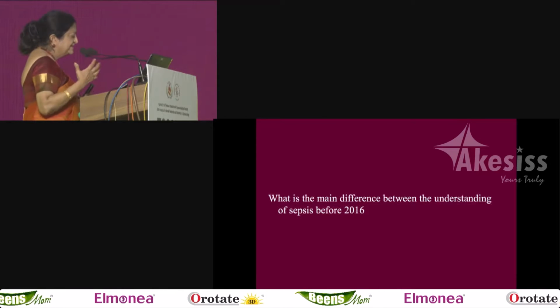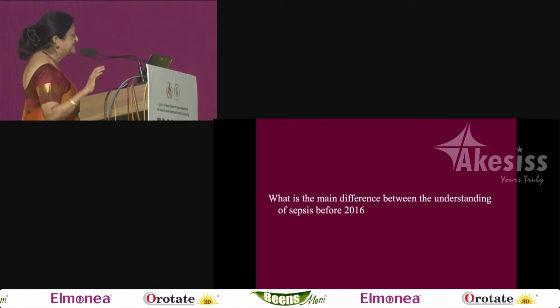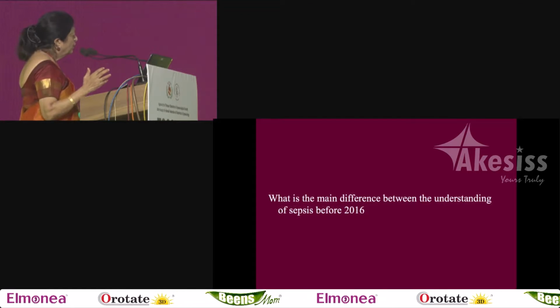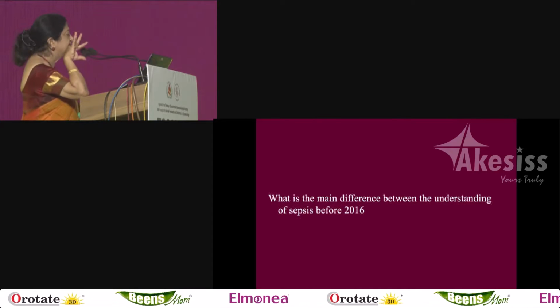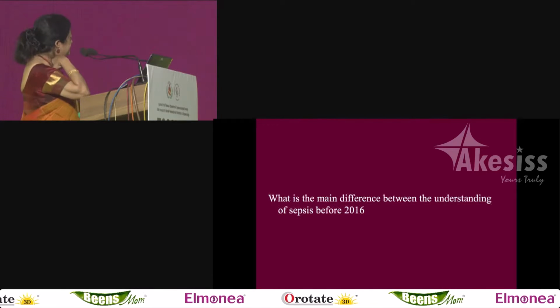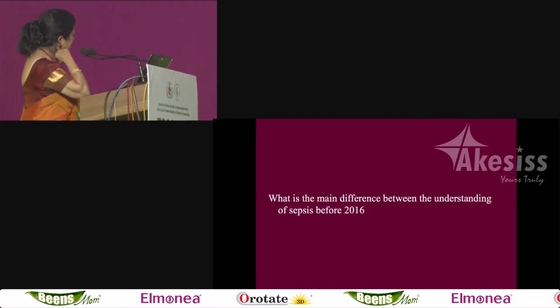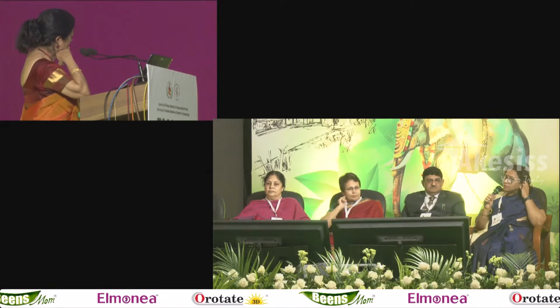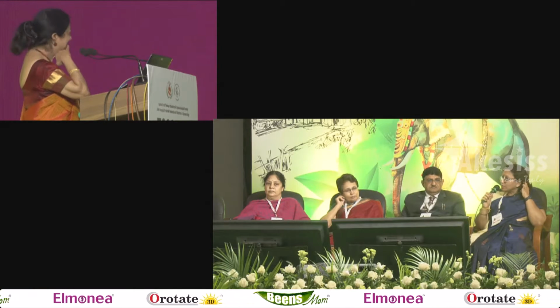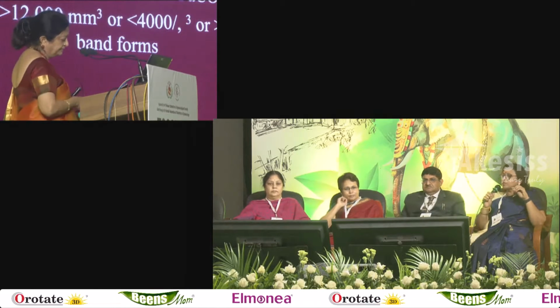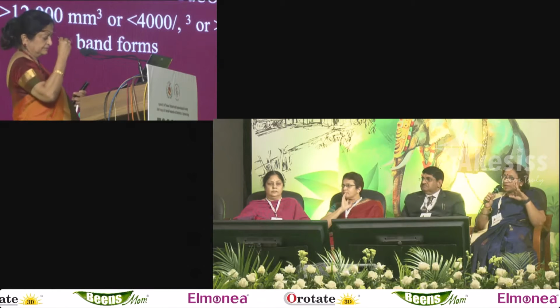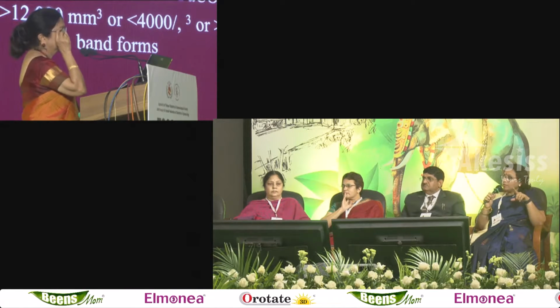So what is the main difference between the understanding of sepsis before 2016? Dr. Uma, what did we think of as sepsis before 2016? And 2016 gave us a different perspective, isn't it? Yeah, so I think before 2016, SIRS, or systemic inflammatory response syndrome, was what one thought of, and so the SIRS criteria was in place.